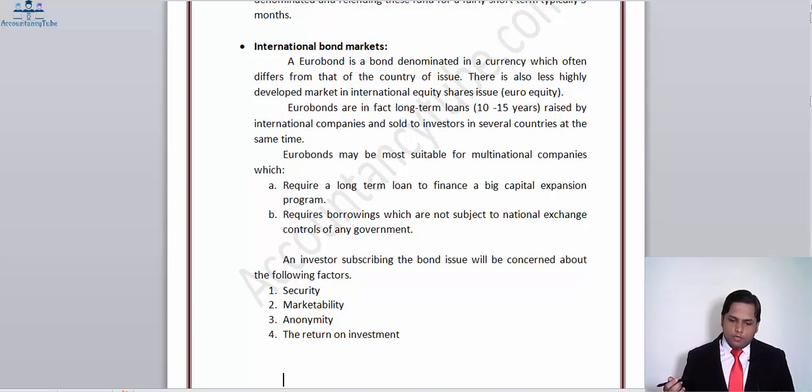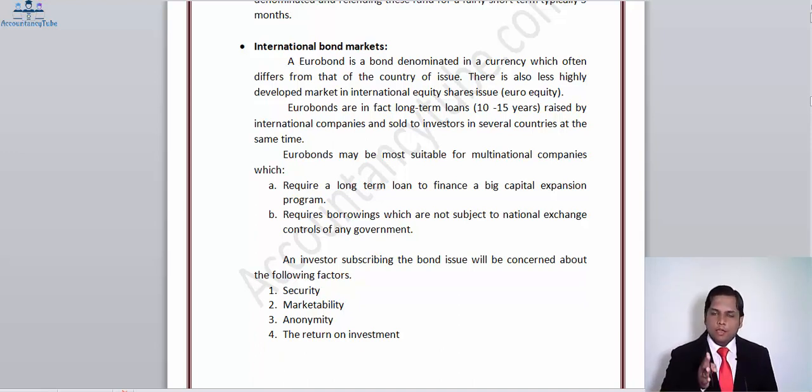The euro bond, I'm reading it again: a euro bond is a bond denominated in a currency which differs from that of the country of issue. There is also a less highly developed market in international equity shares, as I've just told you in the last topic. Unlike debt instruments which are backed by securities, equity is not backed by securities.